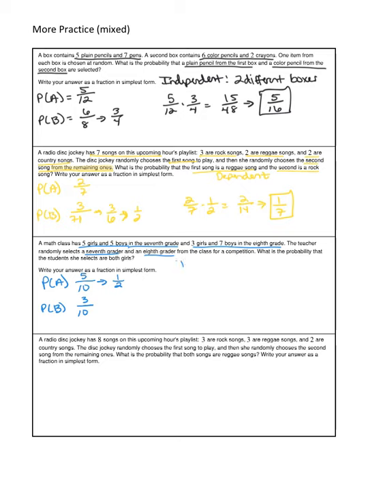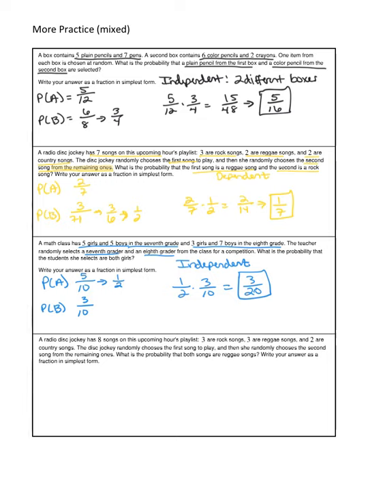So this is independent. So you have 1 over 2 times 3 over 10, which is 3 over 20. She has a 3 out of 20 chance that both students she chooses will be girls.